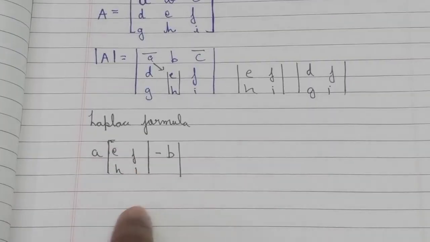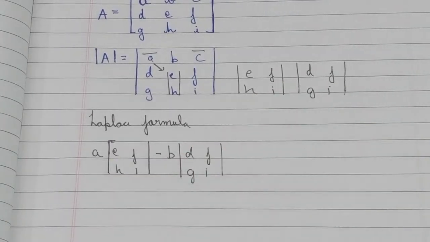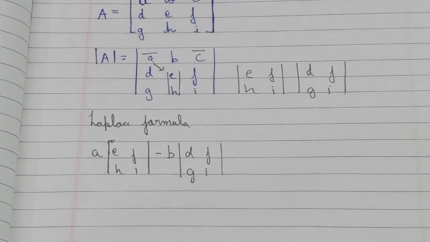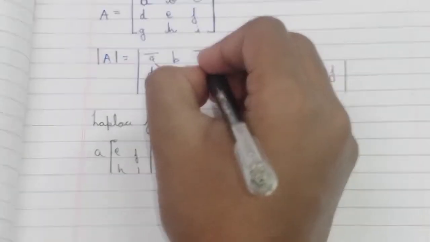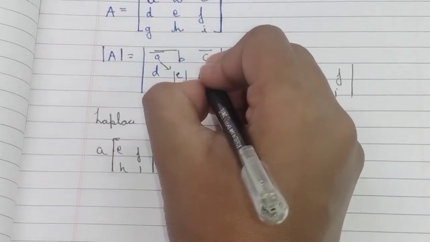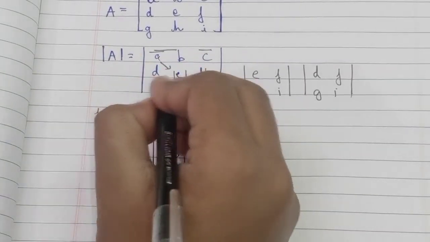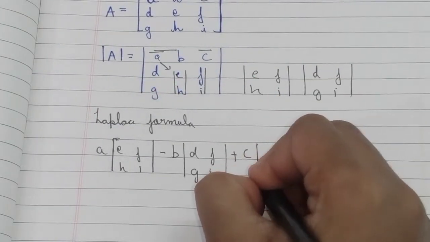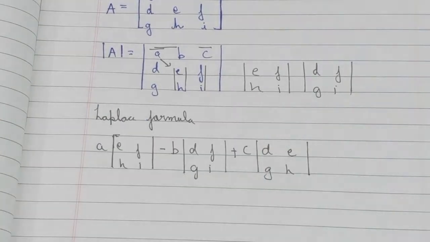Now we add c times, ignore these two and ignore these two, we are left with d e g h, so we write here d e g h.